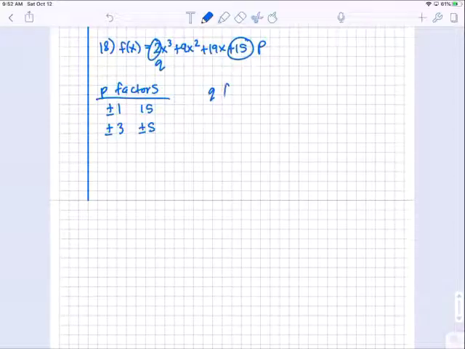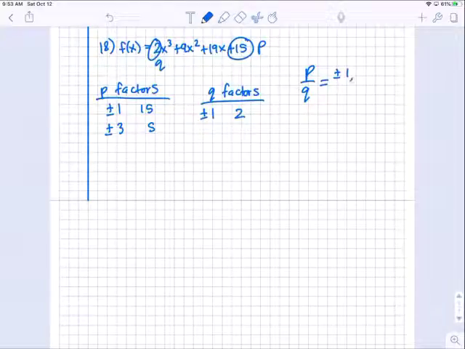And your q factors are plus or minus 1 and plus or minus 2. Again, those are all plus or minuses, but if you just write it for the first one and know that it's plus or minus 1 and 2, it should be okay. Our p over q, we have plus or minus 1, 3, 5, and 15, all over plus or minus 1 and 2.